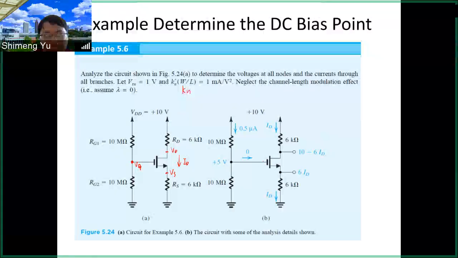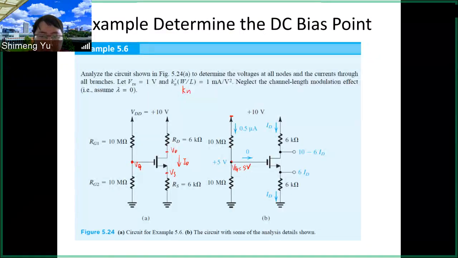So you only have a resistor divider with 10 volts. These two are the same, so the Vg is 5 volts. The current will be 10 volts divided by a total of 20 megaohms, so it's 0.5 microamp.